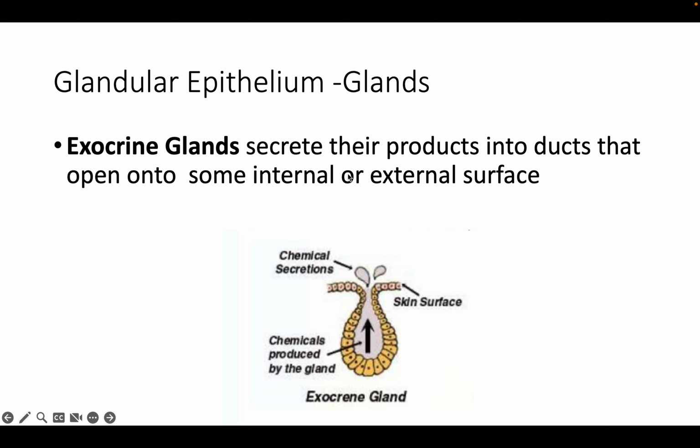Exocrine glands secrete their products into ducts that are open onto some sort of internal or external surface. If you look right here, you have this little pocket, and these cells are going to be producing a certain chemical, a certain product into this area, and then that is going to be secreted into some sort of duct.